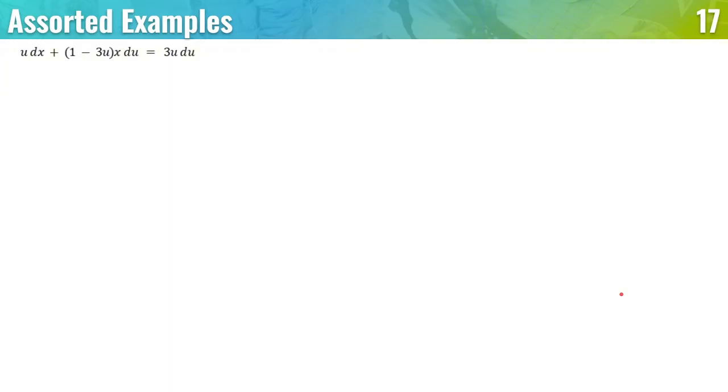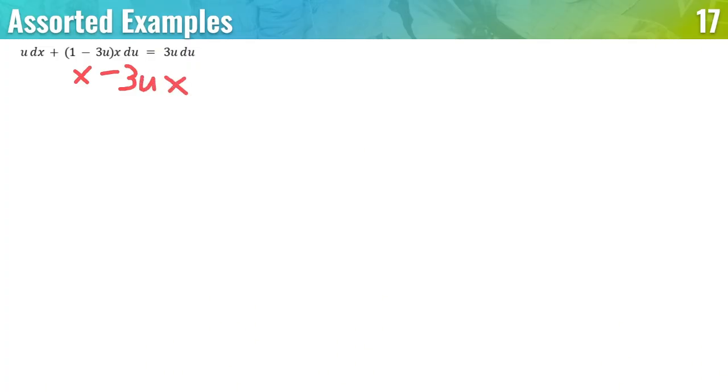Okay, next for the assorted examples, we have this one. So let's see if it's variable separable. Doesn't seem to be. Okay, so at first glance, it may seem like variable separable, but this is actually x minus 3ux.